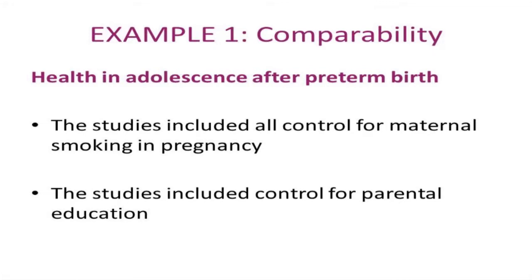If you're too strict in your quality assessment, you may lose studies that could contribute really important information to your meta-analysis. Do you understand what I mean? You could also have as a second criterion that the studies control for parental education or maternal education or whatever measure of socioeconomic status. So that was the only thing you have to think about on the comparability of the cohorts that you include in your meta-analysis.